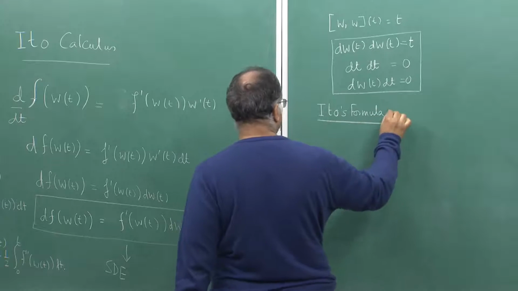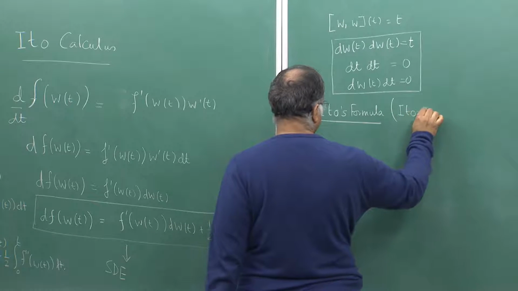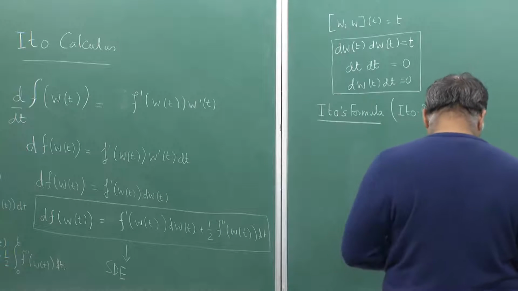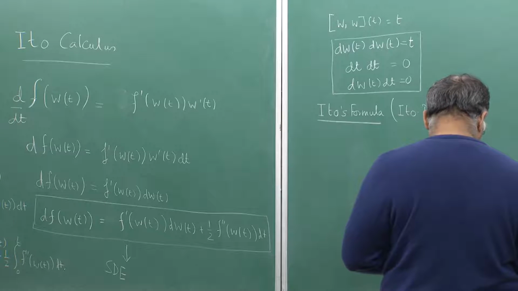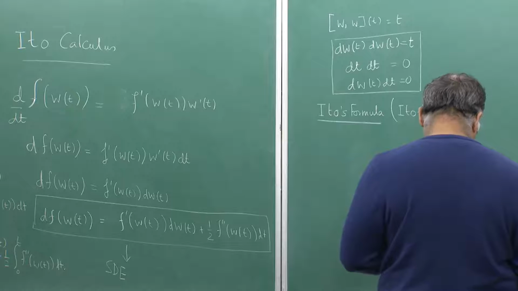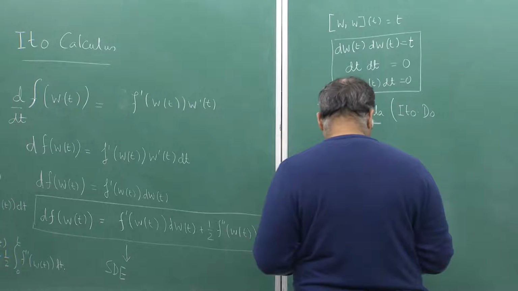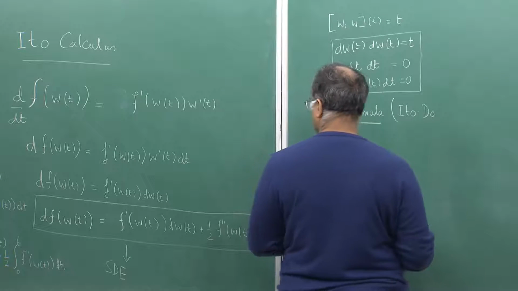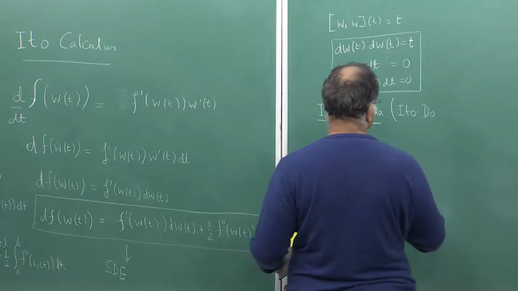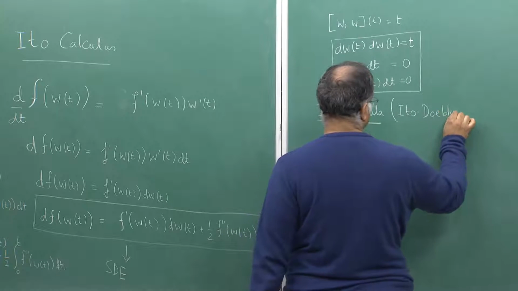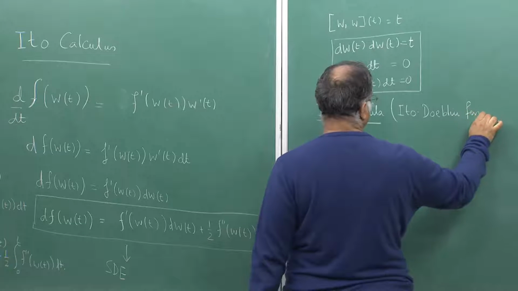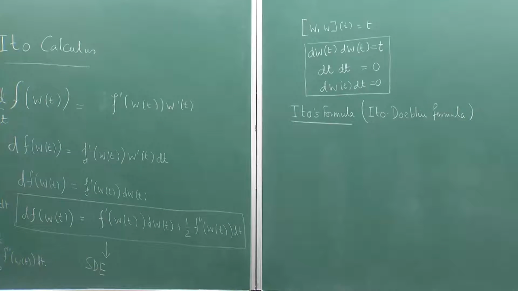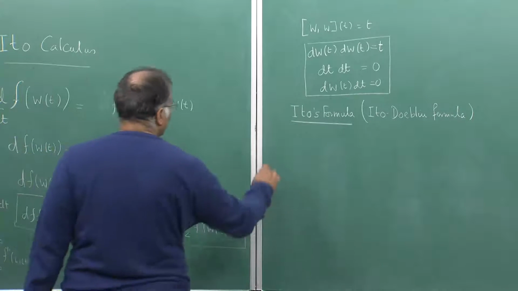Shreve also calls it the Ito-Doeblin formula in the name of another young researcher who possibly died in World War II, but he also had almost come to the same ideas. So whichever you want to call it, I think I found this Ito-Doeblin thing only in Shreve's book, everywhere else it has been called Ito's formula. So we will just go by the traditional name, Ito's formula.